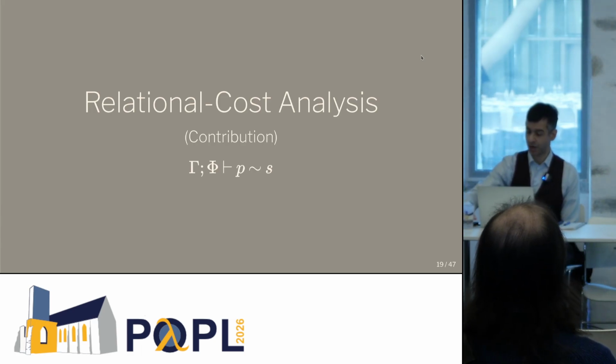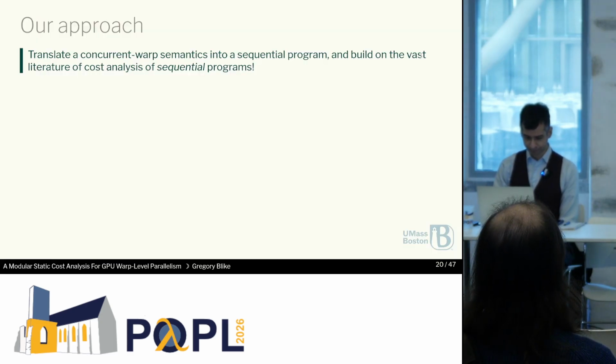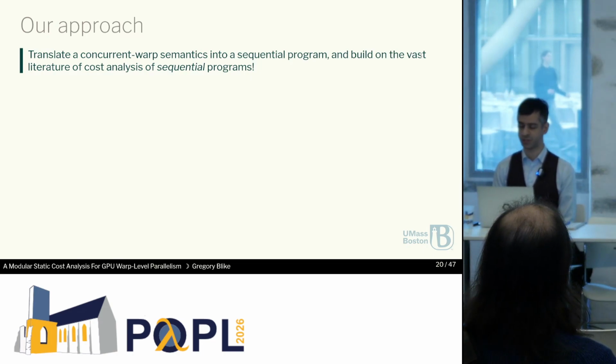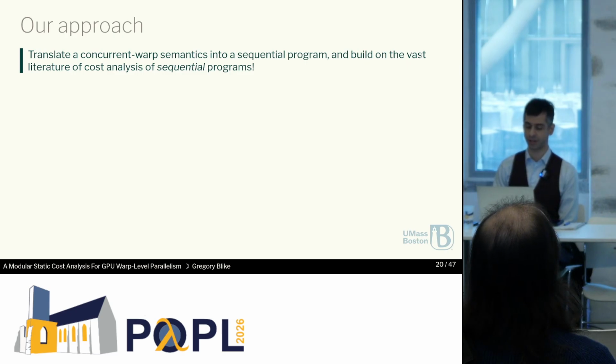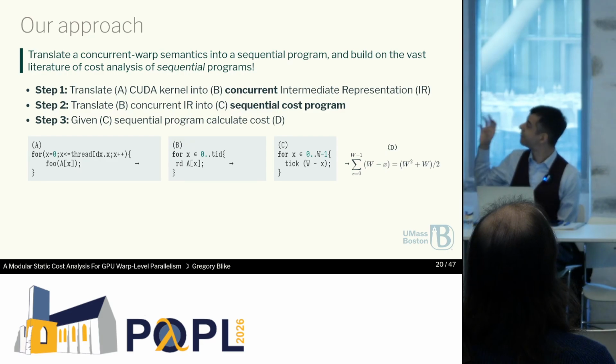That takes us to our cost analysis, which is our contribution. We translate the concurrent warp semantics into a sequential program and then build on the vast literature of cost analysis of sequential programs. We do that in these steps. The CUDA kernel, there on the left in A, is translated into our intermediate representation, memory access protocol, where we remove a lot of the details of the execution of the program and focus just on the memory access.